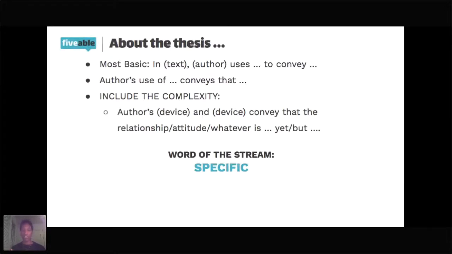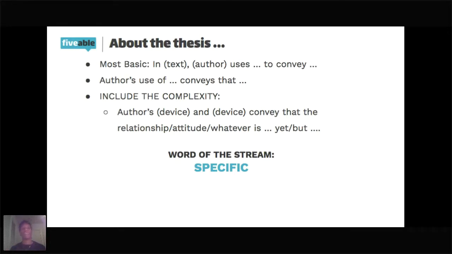So for example, instead of saying the author's use of simile and metaphor conveys a complex attitude, you would say the author's use of simile and metaphor conveys that the character feels conflicted about the beauty of the woman as well as his hatred for her.